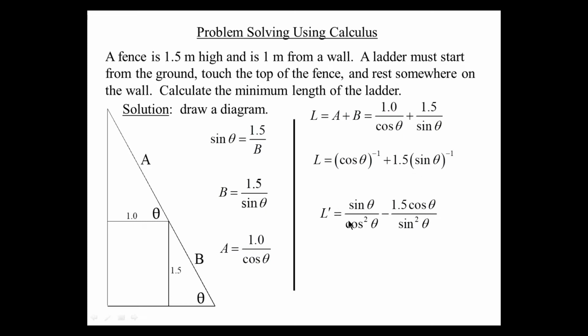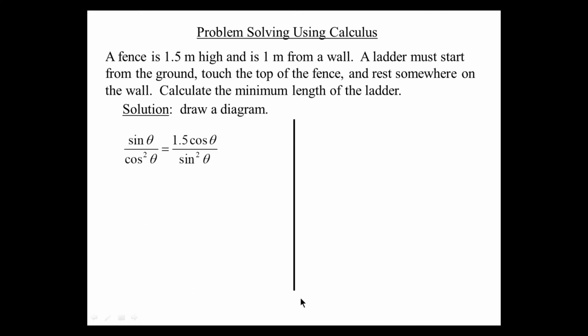Differentiate. Okay, this is where I'm taking for granted that you know how to differentiate. And we'll set the derivative equal to 0. And if this is 0, this negative term jumps across here, carrying it forward. So now we can cross multiply, and we get tan theta equals the third root of 1.5.